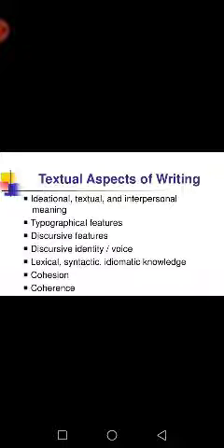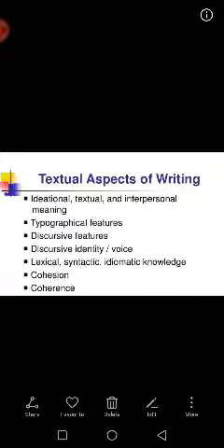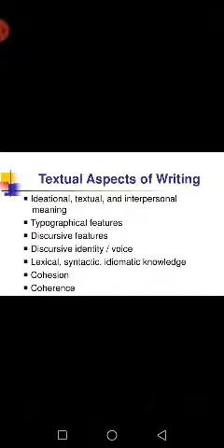Discursive features also relate to hedges. For example, when I say it's kind of, it's a sort of, it's maybe, it's probably, hedges are something I'm not sure about. So this relates to discursive features, which is hedges.